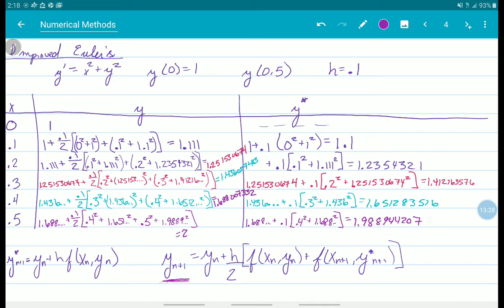So I got 2.048770723, which is the same thing that I got in Excel.